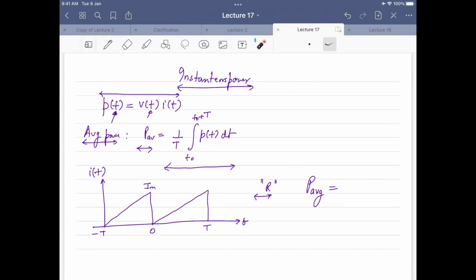No. People who are getting Im square R are close to the result, but the fraction they are saying is not 4 or 2. Not 4, not root 2, not 2. The answer is Im square R by 3 watts.